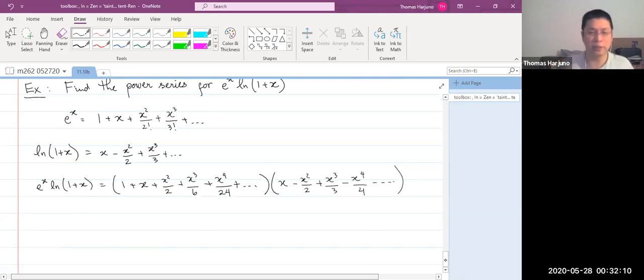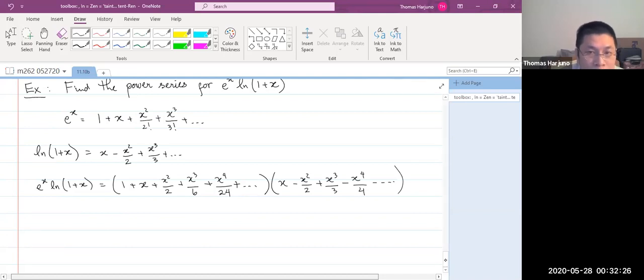Both of them are infinite series, okay? Now, what we will do, we will just get the first couple terms. Remember that these series are all convergent, so eventually we just need the first few terms.